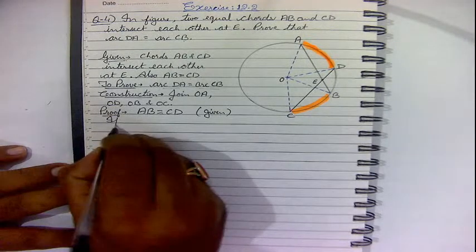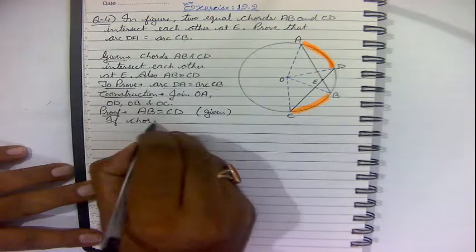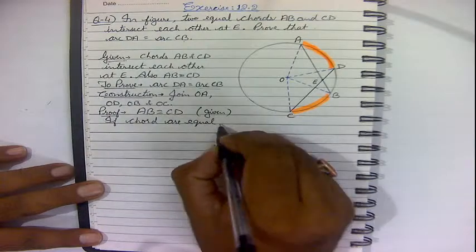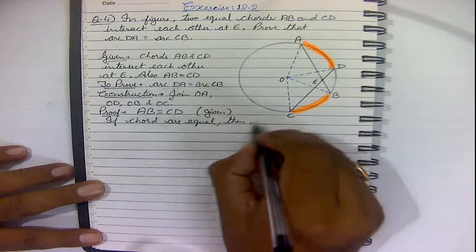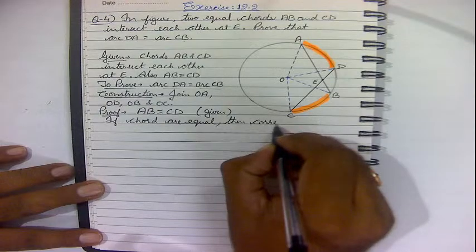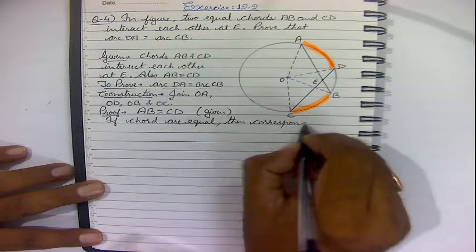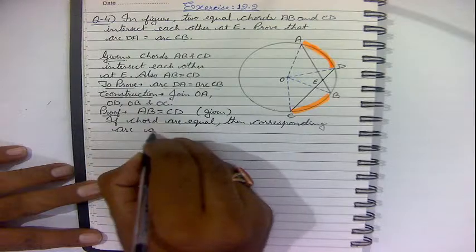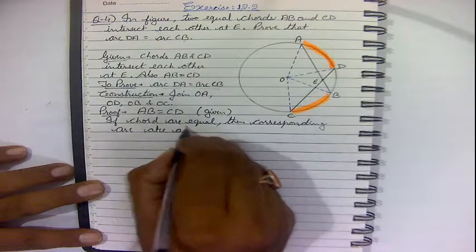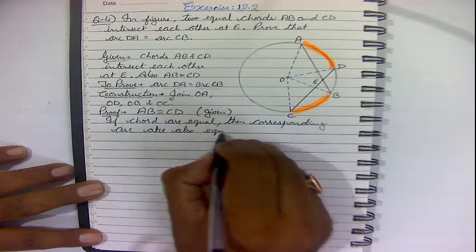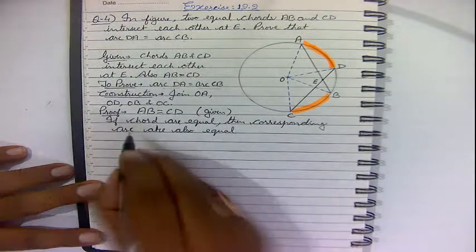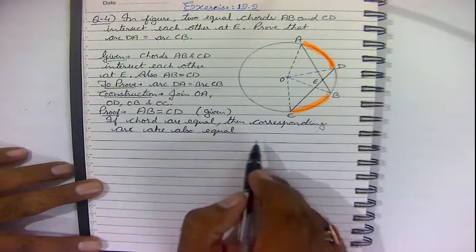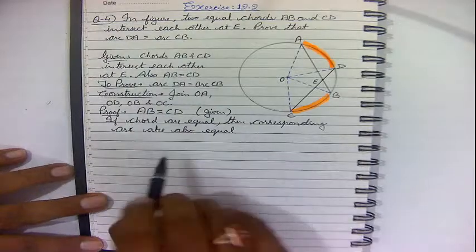So if chords are equal, then corresponding arcs are also equal. अब chord अगर equal है तो उनके साथ उनकी जो corresponding आर्क्स हैं वो भी क्या होंगी, इक्वल.